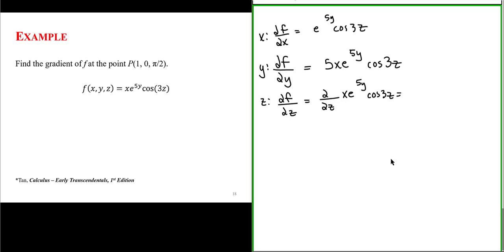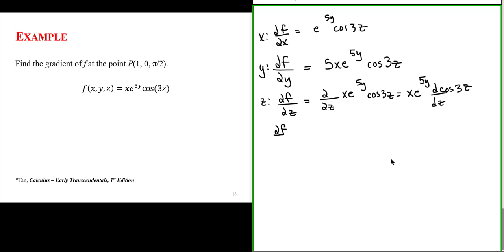This means that we can pull out the x from our partial derivative operator. We can also pull out e to the 5y out of the partial derivative operator, and that leaves us with the derivative with respect to z of cosine of 3z.